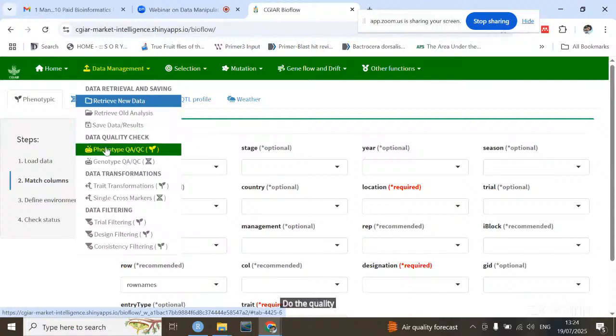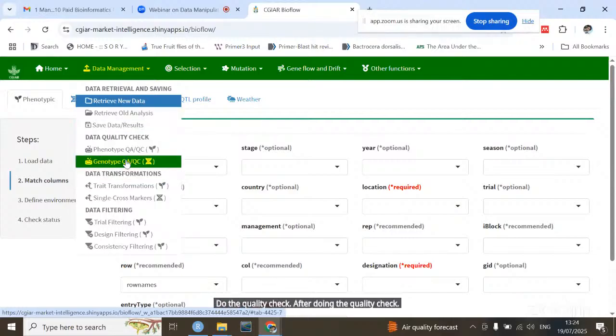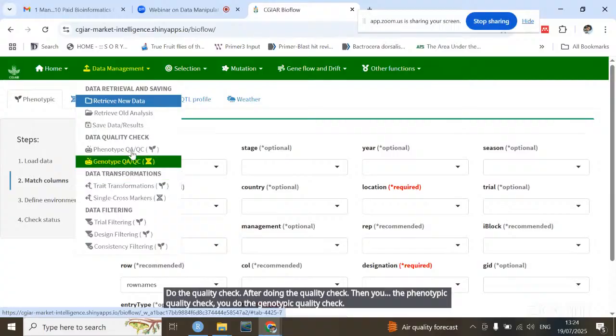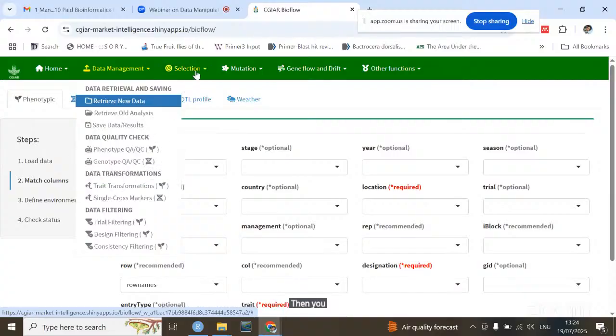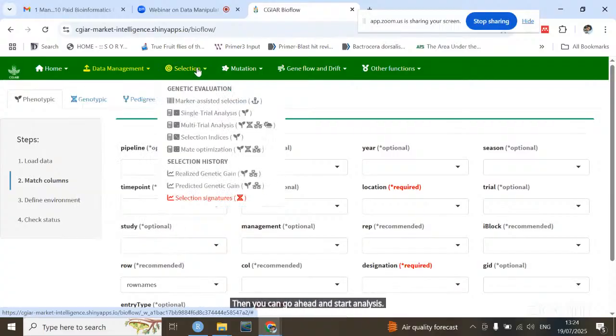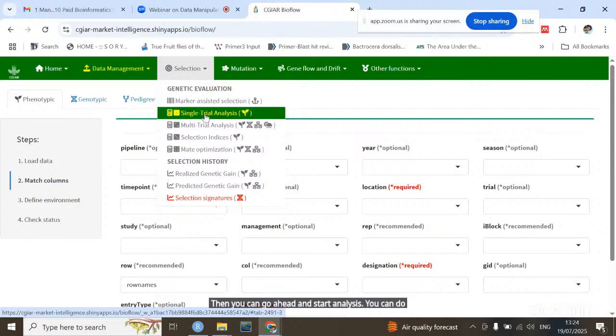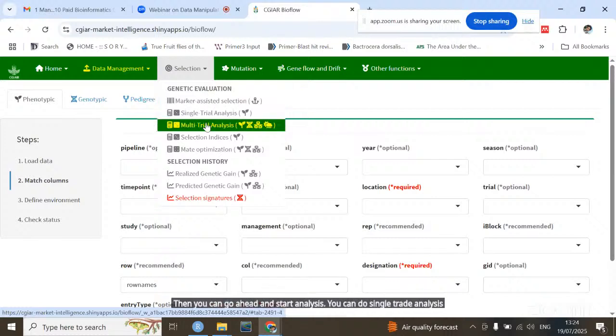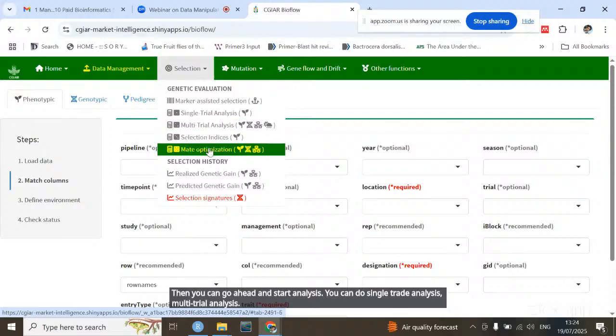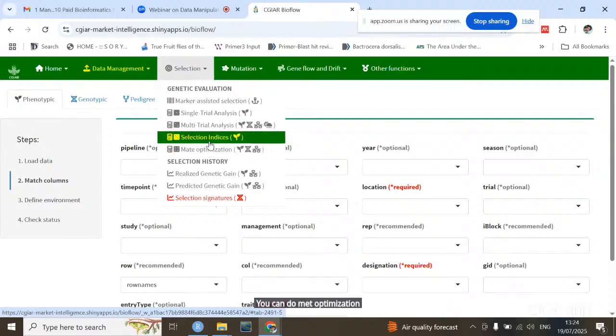After the phenotypic quality check, you do the genotypic quality check. Then you can go ahead and start analysis. You can do single trait trial analysis, multi-trial analysis, MET optimization, and selection index or indices.